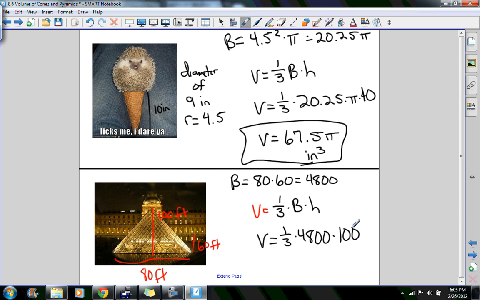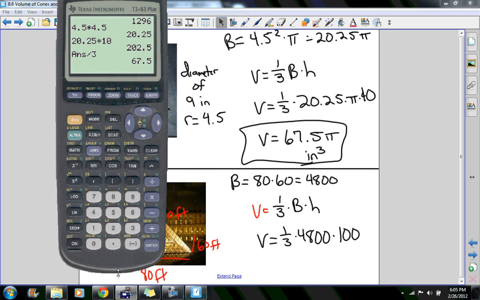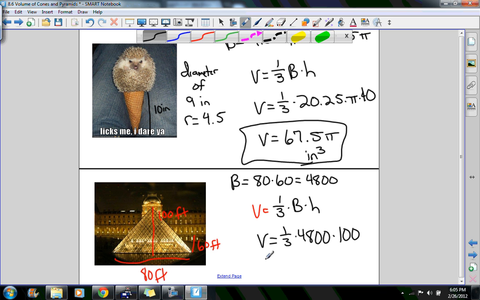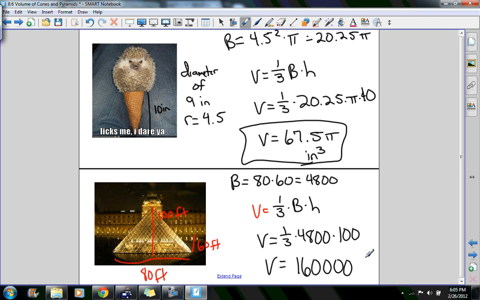So that'll be 160,000. Is that right? There it is, 160,000. Yep. And the label on this will be cubed feet.